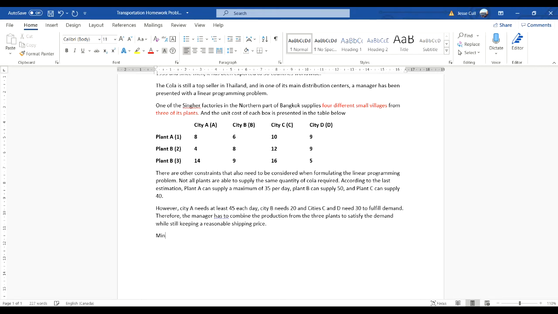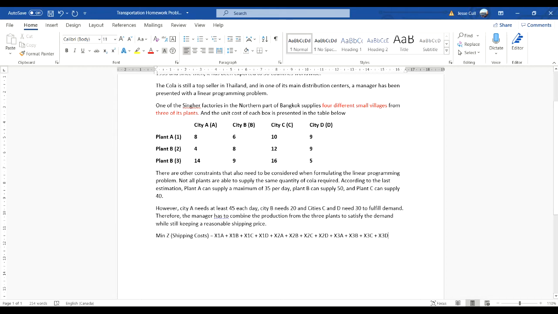So unless this changes, for now, we'll make it minimize z, where z represents shipping costs, is equal to x1a plus x1b plus x1c plus x1d plus x2a plus x2b plus x2c plus x2d plus x3a plus x3b plus x3c plus x3d.